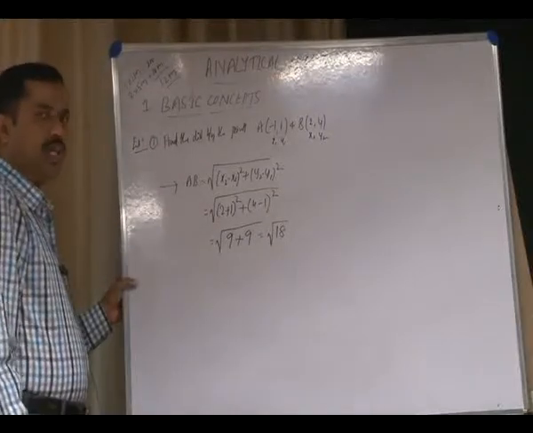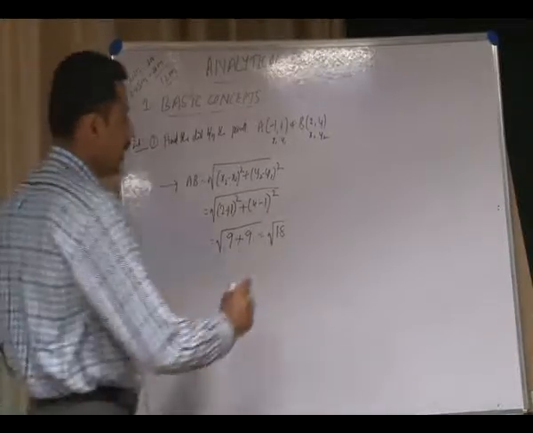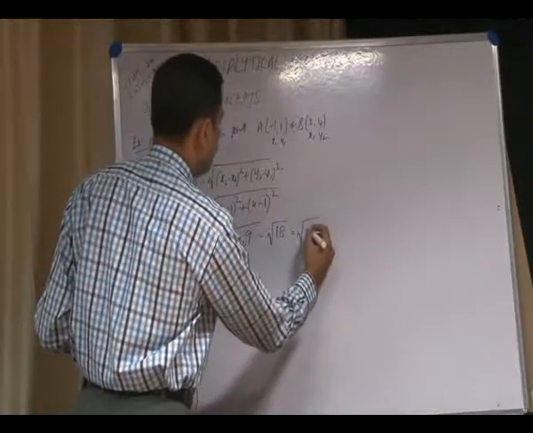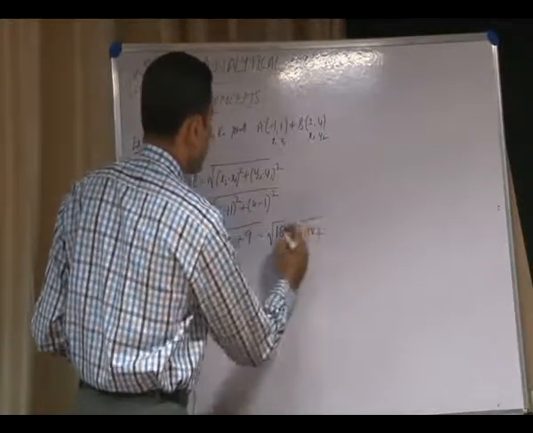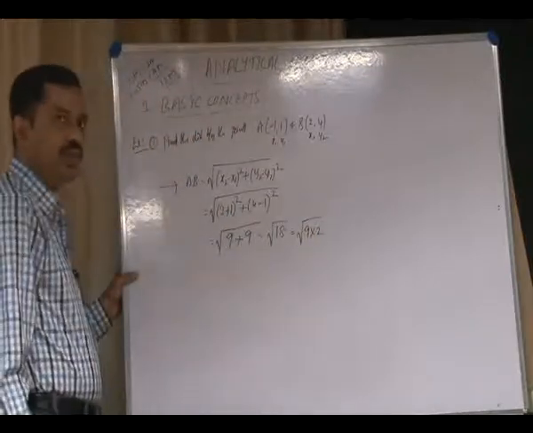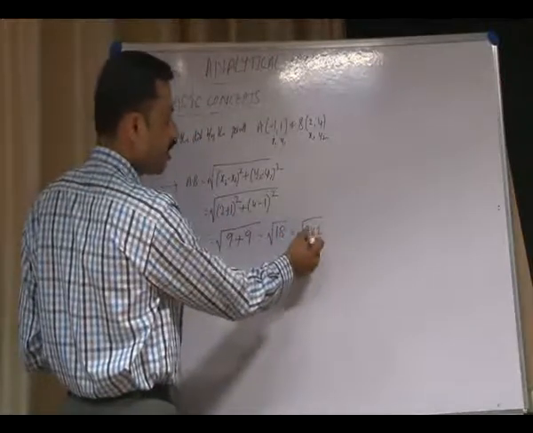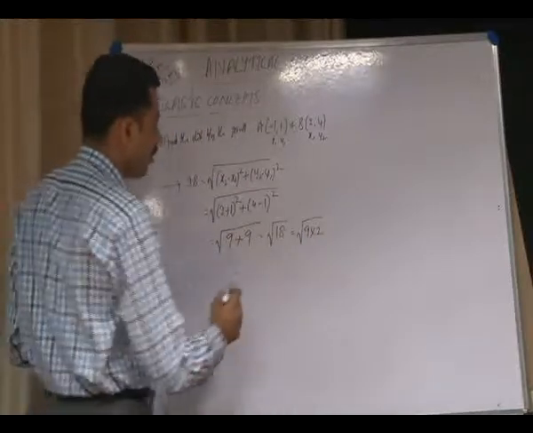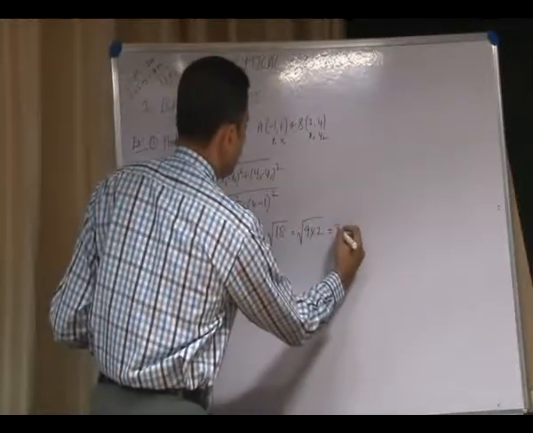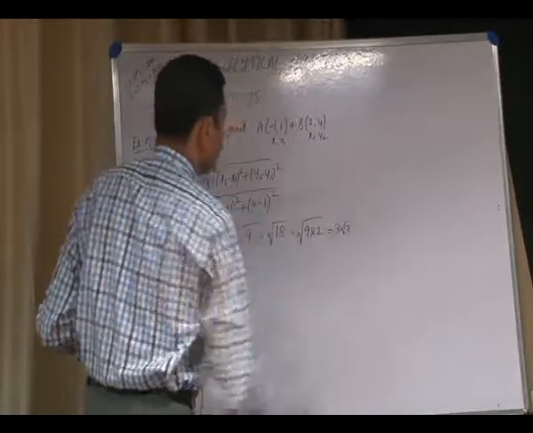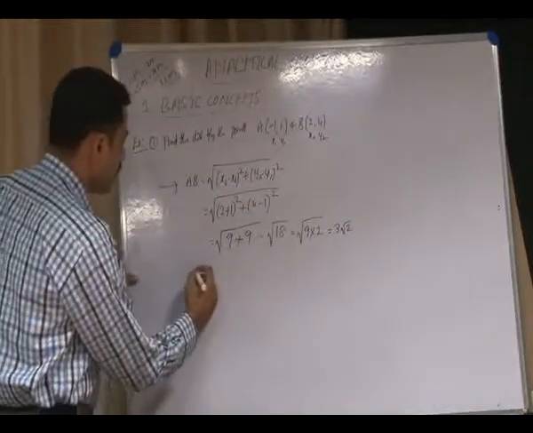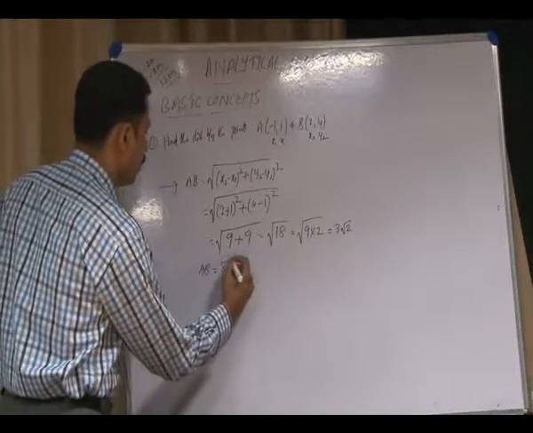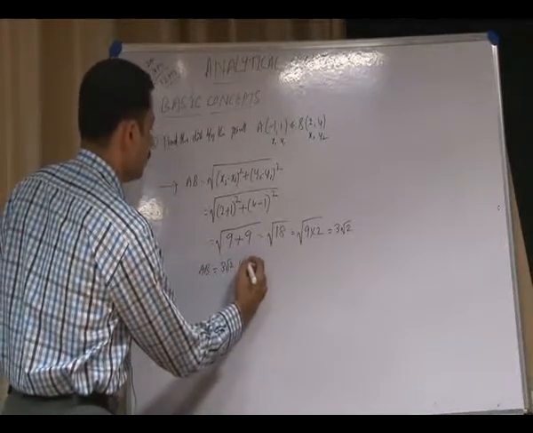So, distance AB is equal to square root of 18 units, or you can express this 18 as 9 into 2. 9 is a perfect square, that is 3 square is equal to 9, that you can take out from the square root, then this becomes 3 into square root of 2. So, the distance between these 2 points is AB is equal to 3 root 2 units.